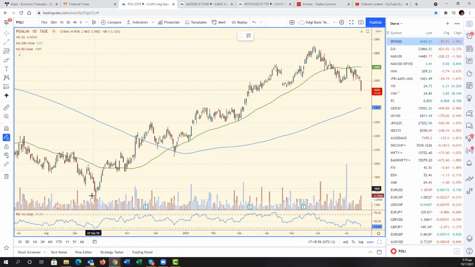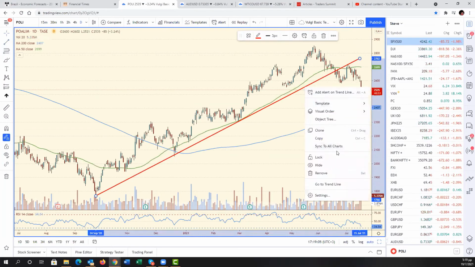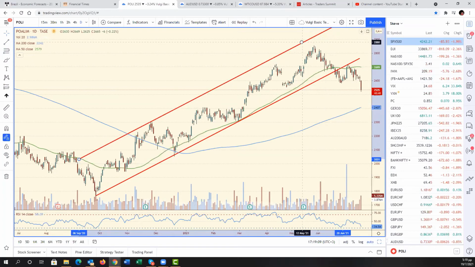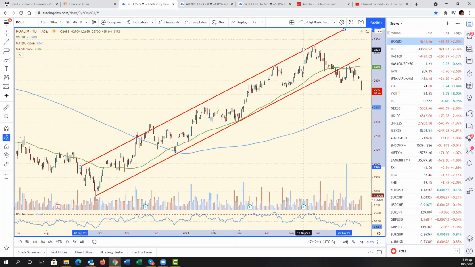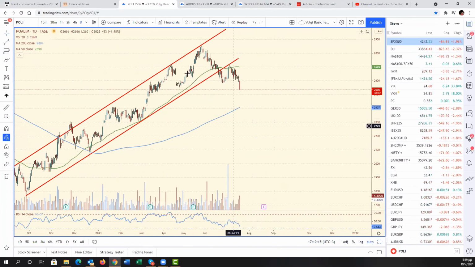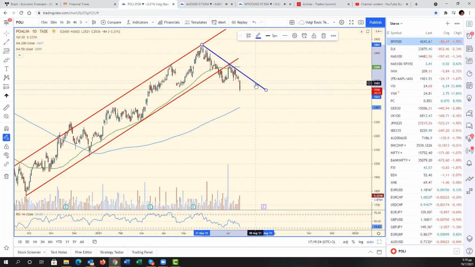Okay, so something for the bears, something for the bulls. Let me make it very, very simple here.